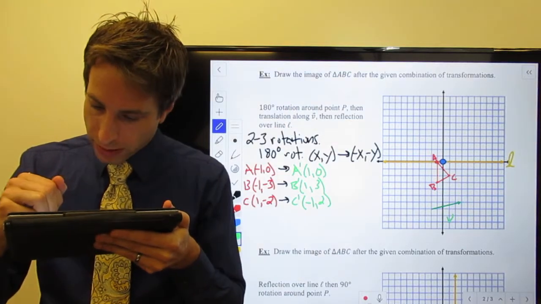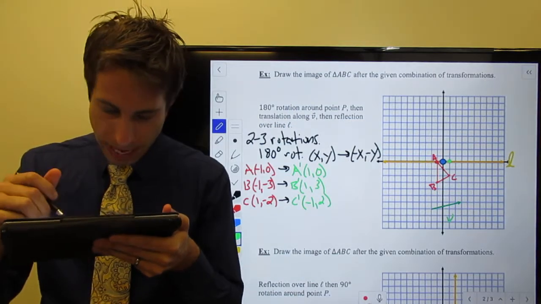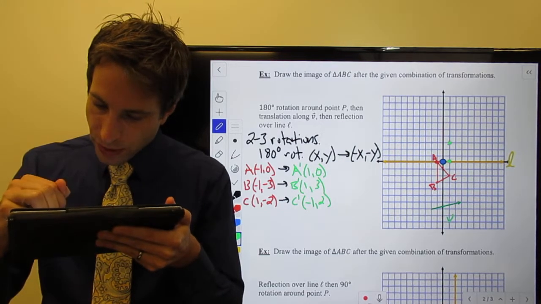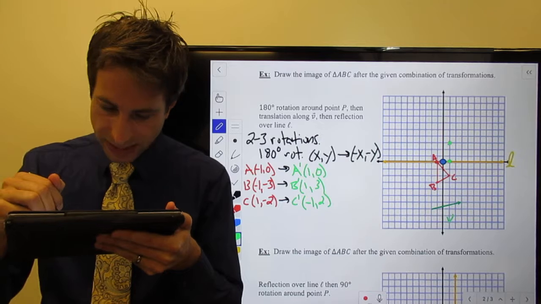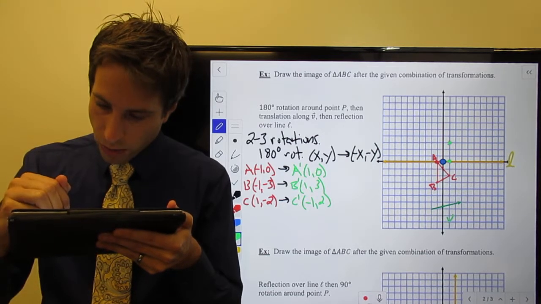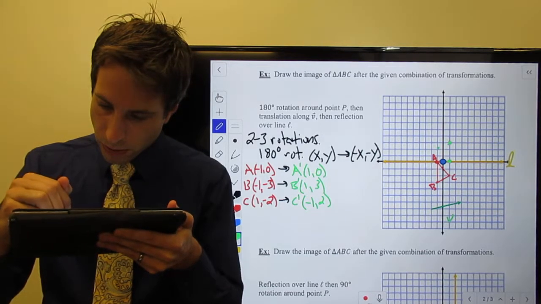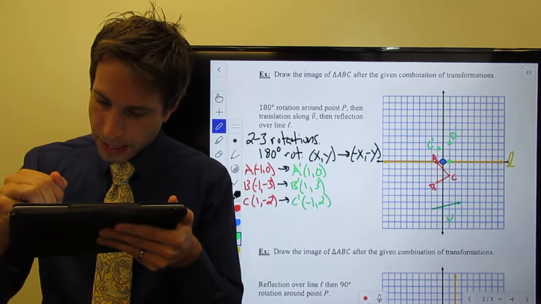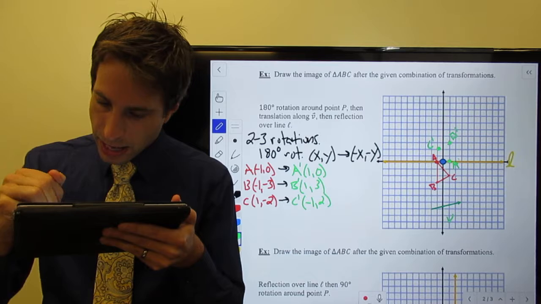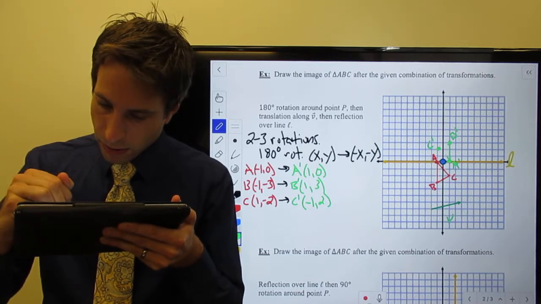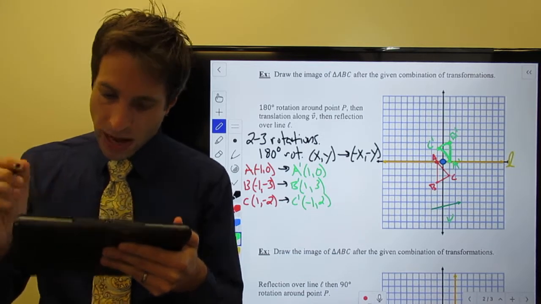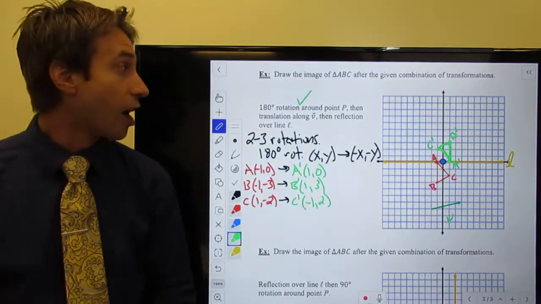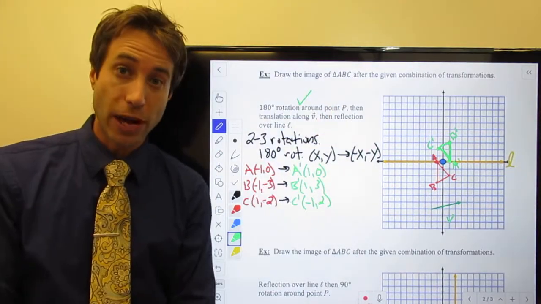So 1, 0 right there, that's going to be A prime. 1, 3 right there, that's B prime. C is going to be at -1 right there is C prime. So C prime, B prime, A prime, and there's my triangle after the 180 degree rotation around the point P.